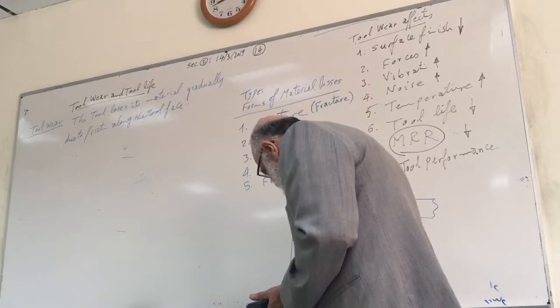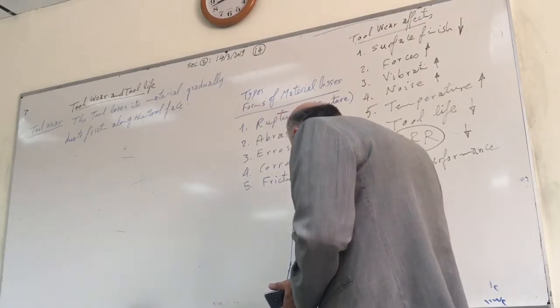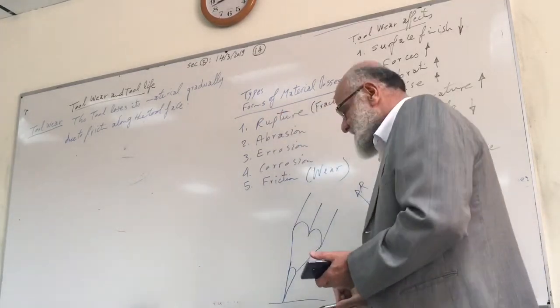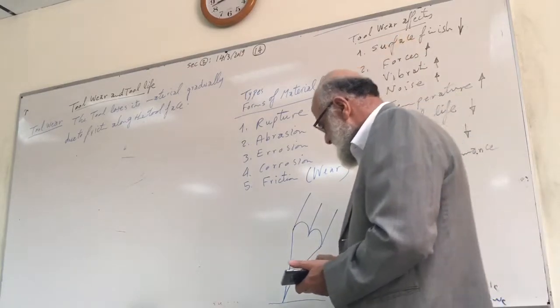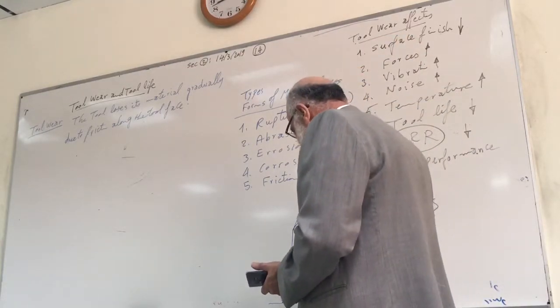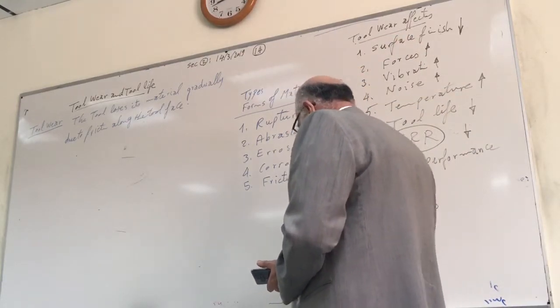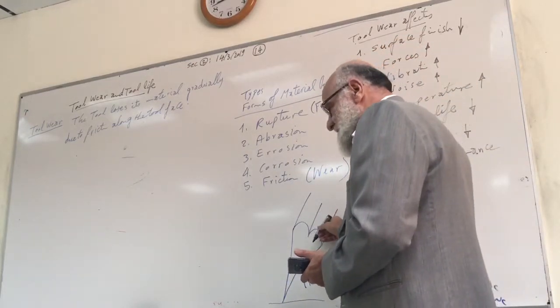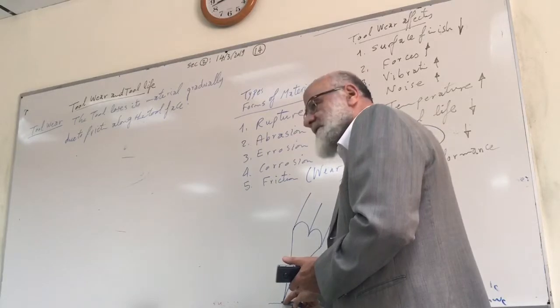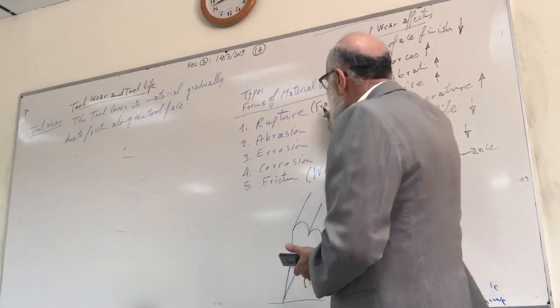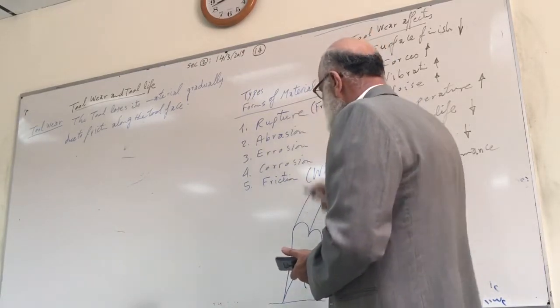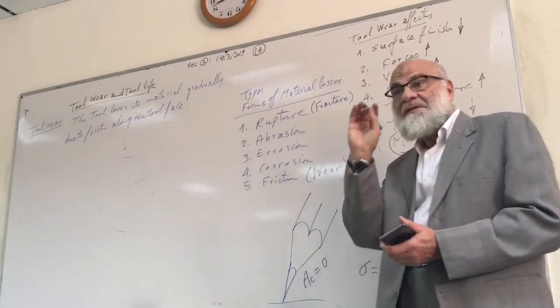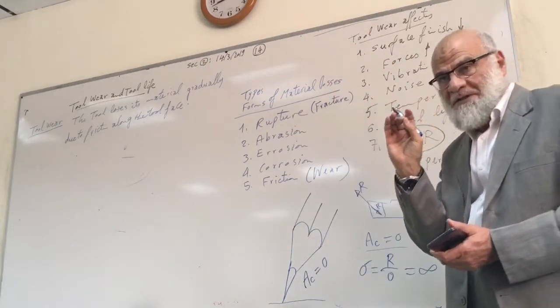When it touches the sheet, the contact area equals 0. Therefore, any small pressure here will cause fracture, or mechanical rupture, at the first microsecond of touching.